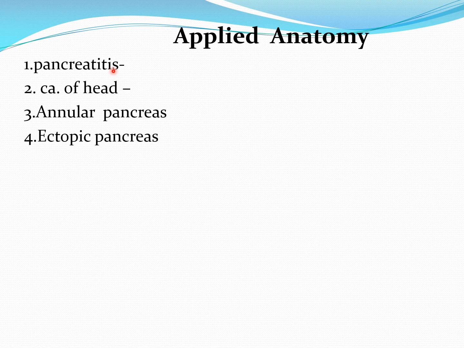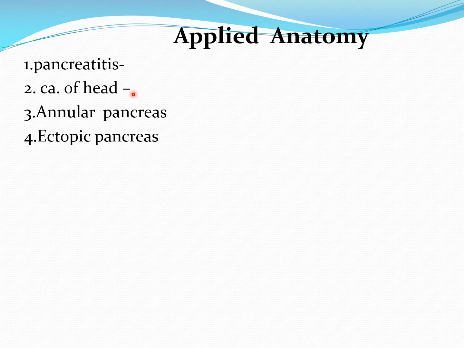The second one is deficiency of insulin, which may cause the disease called diabetes mellitus. Then annular pancreas, ectopic pancreas and CA, meaning carcinoma of the pancreas. Deficiency of pancreatic enzyme causes digestive disturbance, and carcinoma is common in the head of the pancreas.